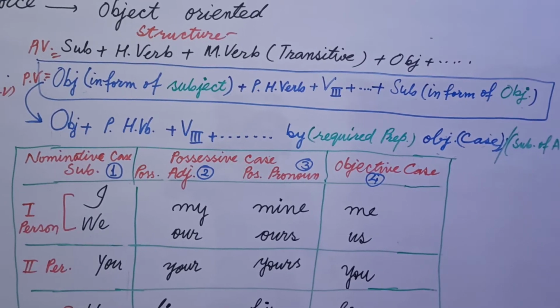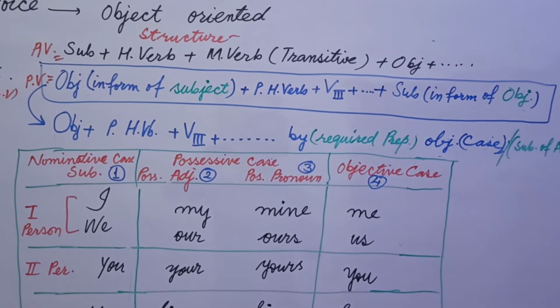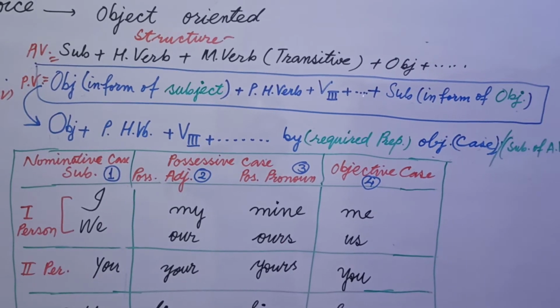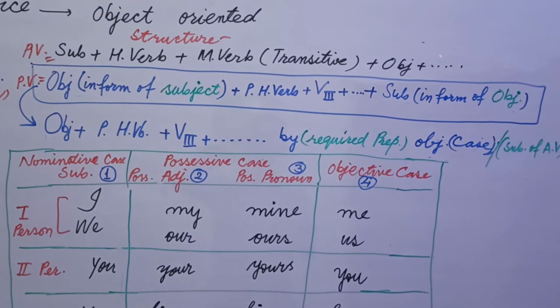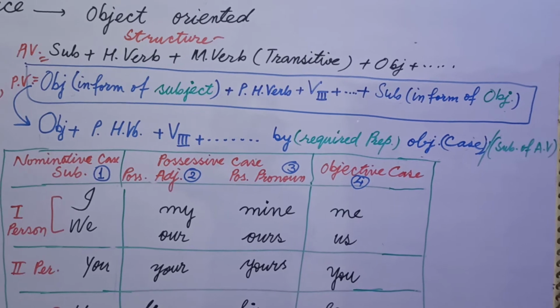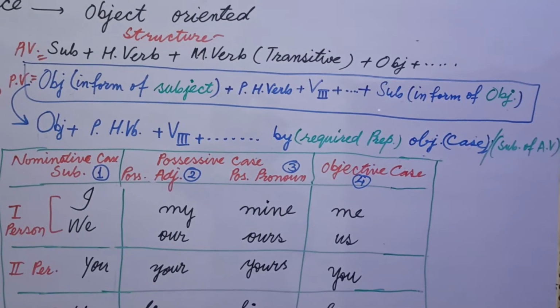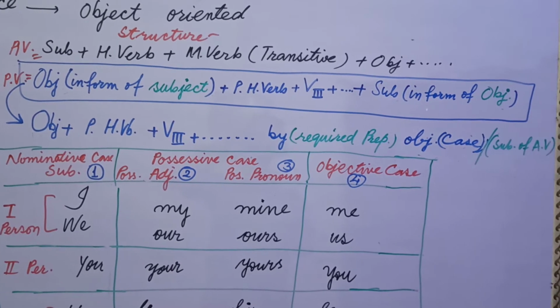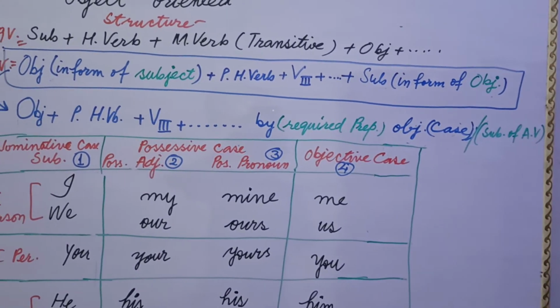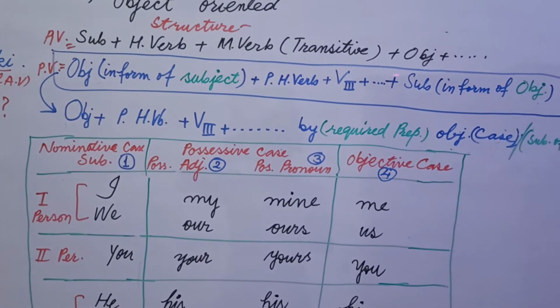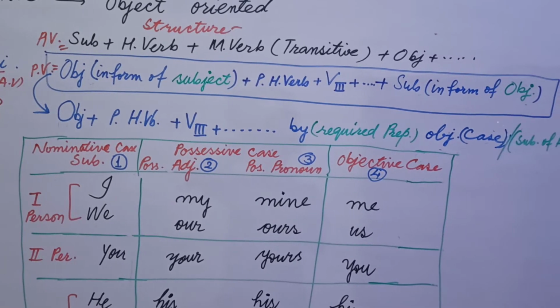Means in passive voice you always use the third form of the verb, and then you write all the rest of the sentence that is remaining. In the end of the sentence you write by or some certain preposition, and then you write the subject in form of object.